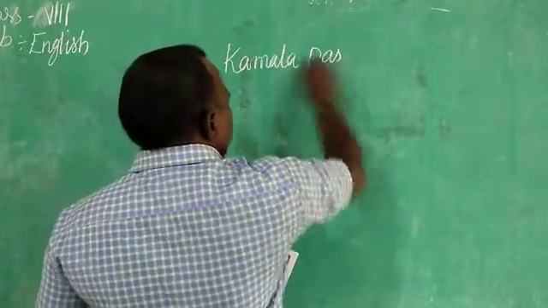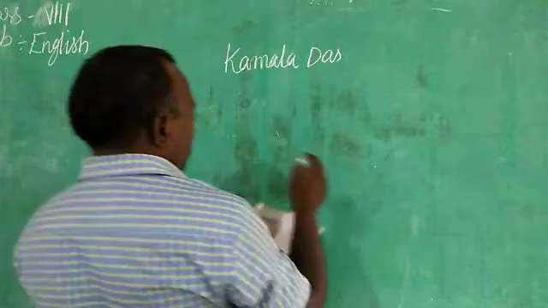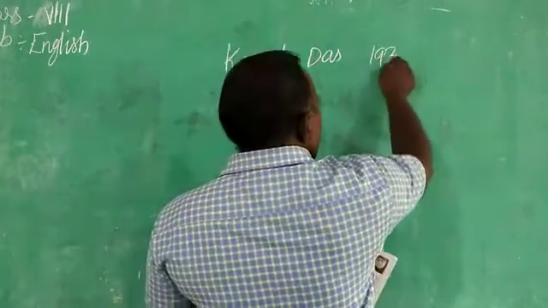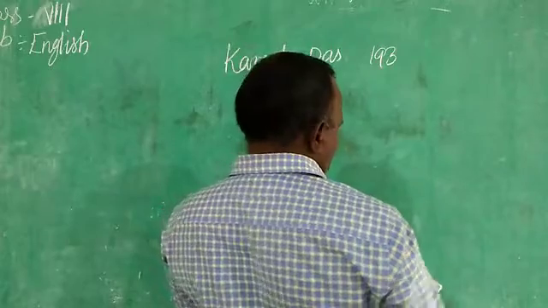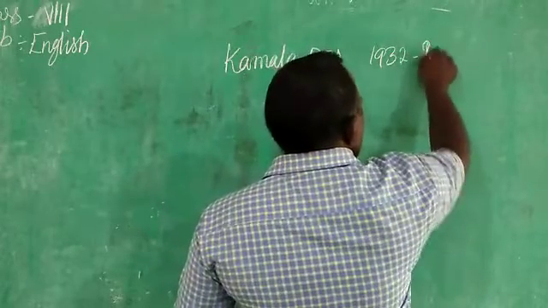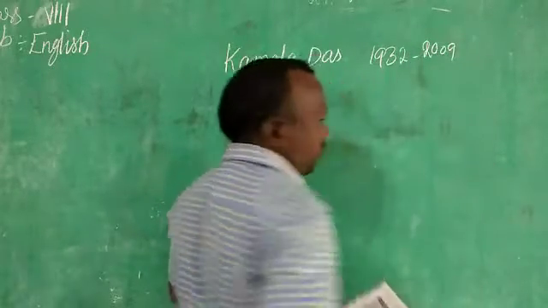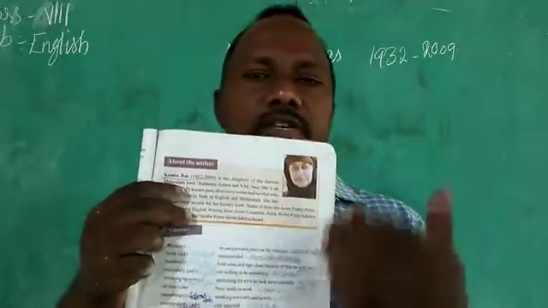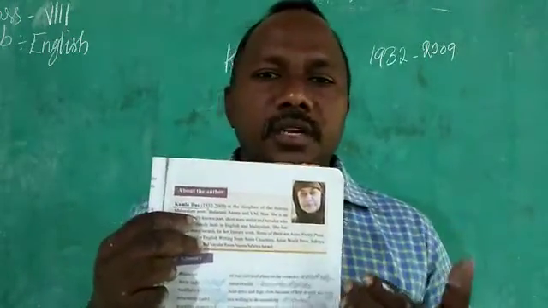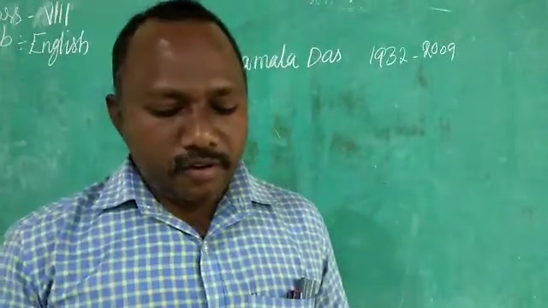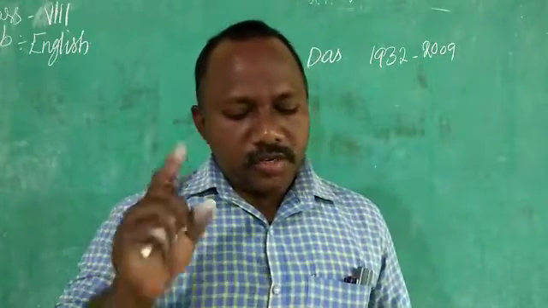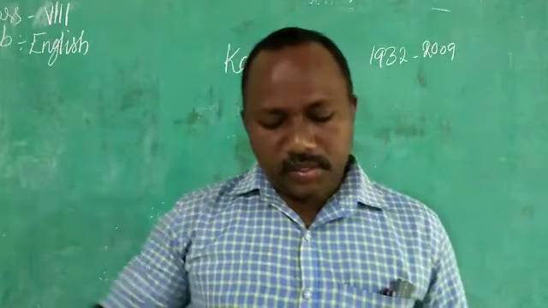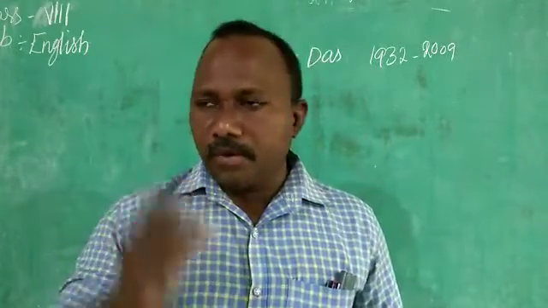The author is Kamala Das, and she was born in 1932 and died in 2009. You can see the picture here, Kamala Das. Children, she is the daughter of the famous Malayalam poet.